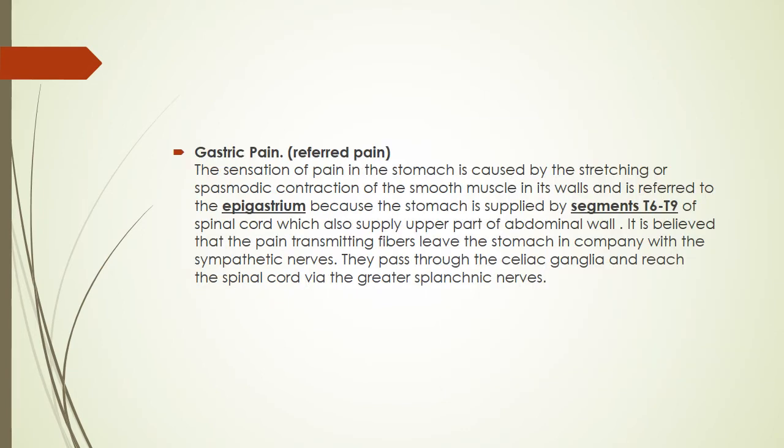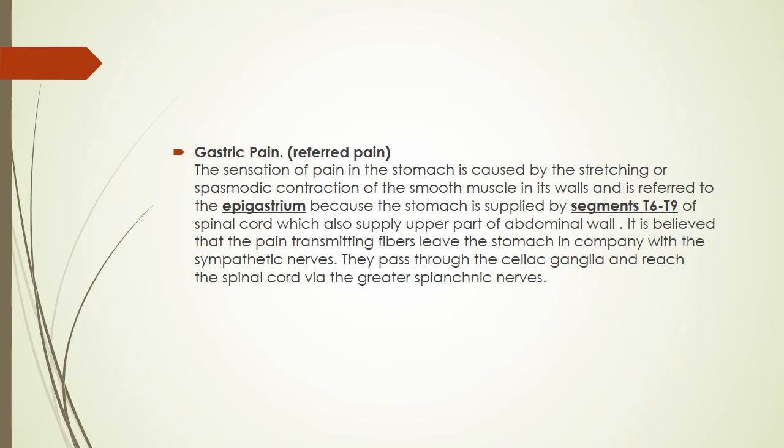When we talk about the pain sensation related to viscera, it is only poorly localized and referred to some region on the anterolateral abdominal wall. The pain from the foregut derivatives is referred to the epigastric region on the anterolateral abdominal wall.